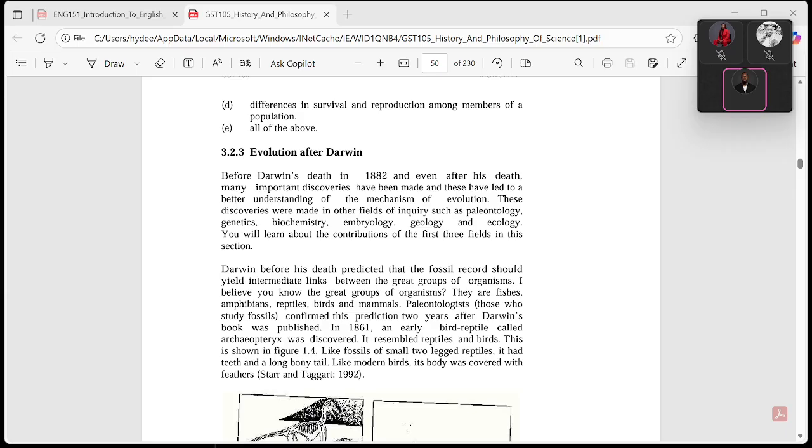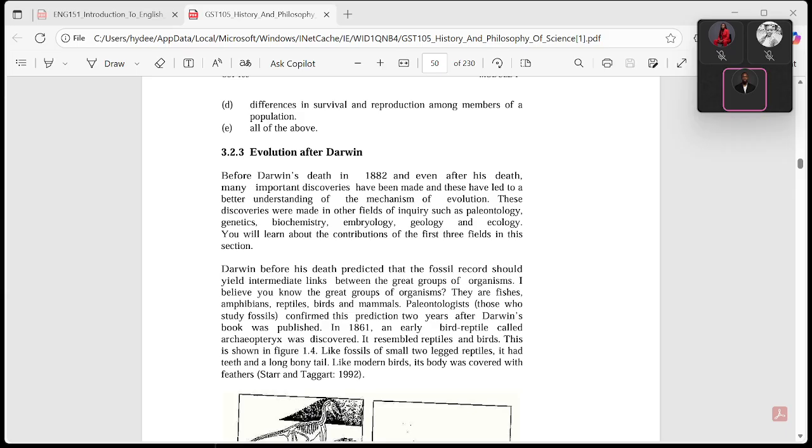But anyways, then we talk about the post-Darwin evidence. Paleontology confirmed intermediate links, just like the archaeopteryx. We talked about genetics, Mendel's law, which explained the mechanism of hereditary passing on of traits.